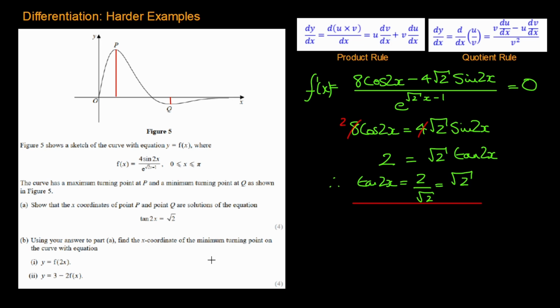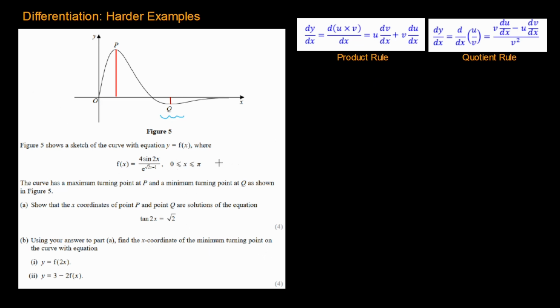So part B now effectively asks us to solve the equation and find the x-coordinate of the minimum turning point on the curve with equations. So they want the coordinates of point Q. Okay, let's clear the decks and have a go at that. I think the first point to recognise straight away is that our values for x are between 0 and pi radians.